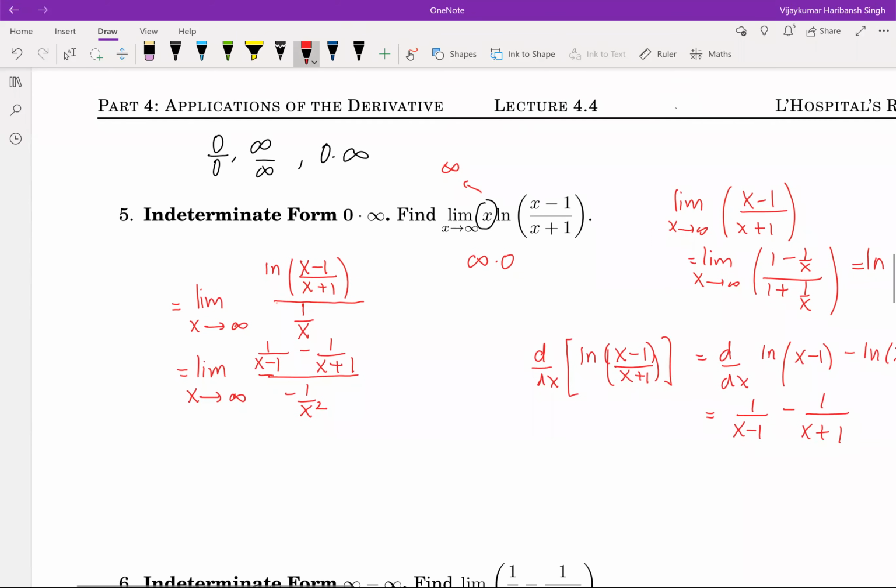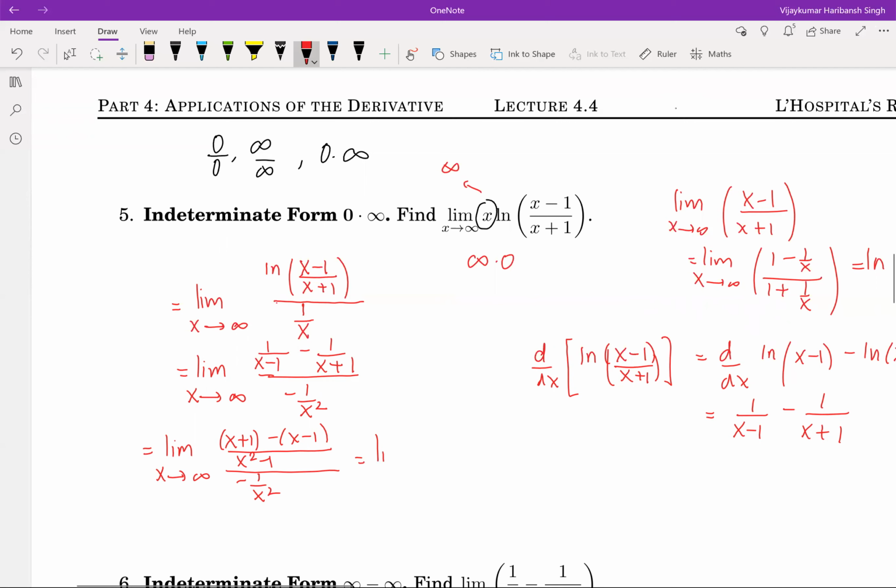All right, so now let's simplify it a bit. So this will amount to some cross multiplication and simplification as x goes to infinity. x plus 1 minus x minus 1 divided by x squared minus 1, the whole divided by 1 minus x squared. Now, before I go further, I'd like to simplify it a bit.